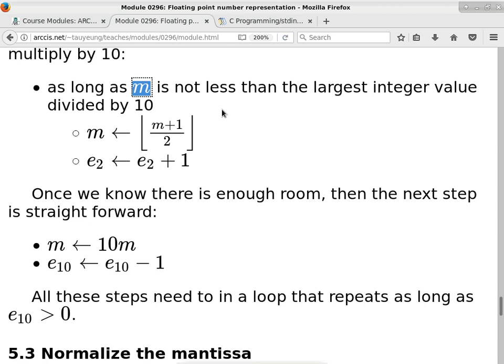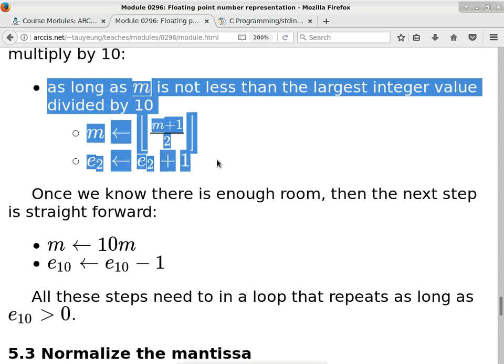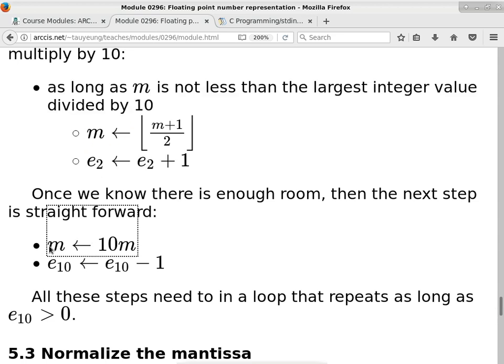Once we get out of this loop, the next thing we do is fairly easy. We just multiply m by 10 and store it back into itself, and then we adjust E10 by decrementing it by 1. So you keep performing these two operations. When I say two operations, I'm talking about this as one single operation and this as the other operation.